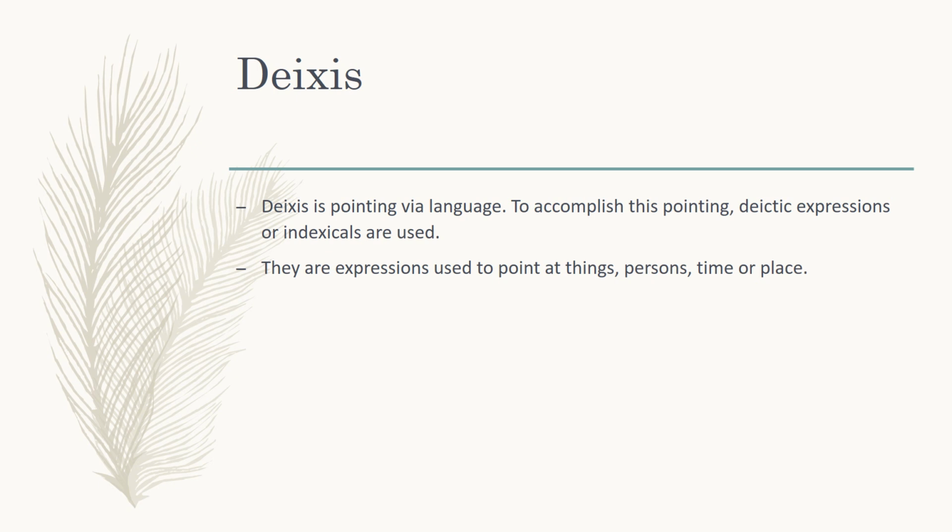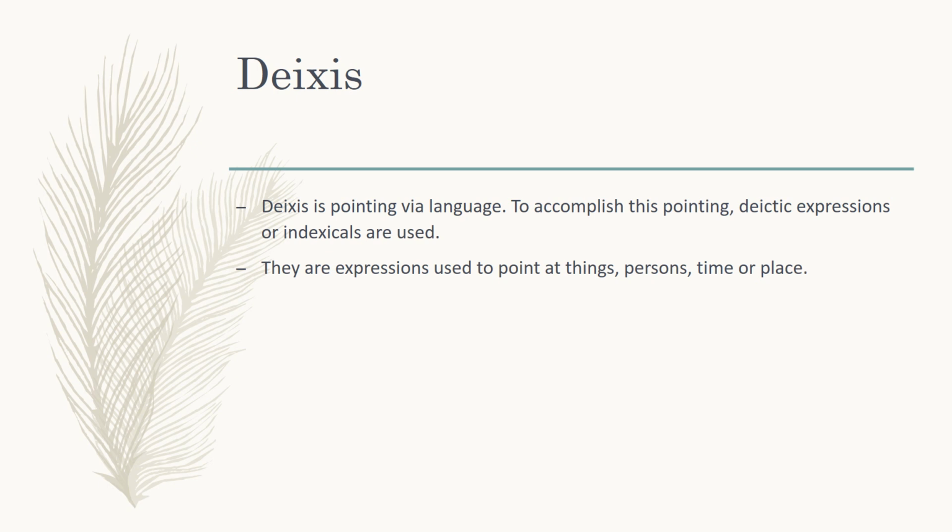So the second concept, notion we are going to study today is Deixis. In Arabic they are أسماء الإشارة. For example, if I say, oh, here she comes. Oh, there she goes. And then what I'm doing, I am pointing through language.